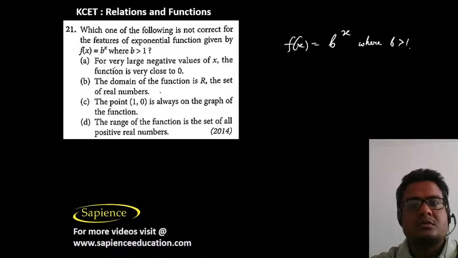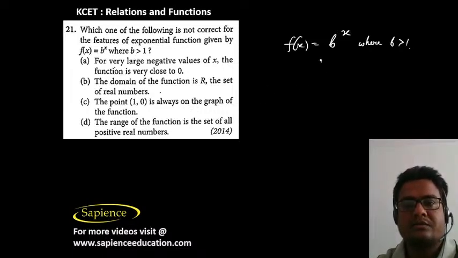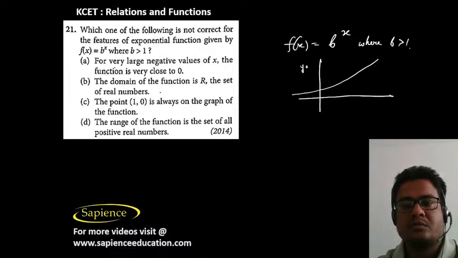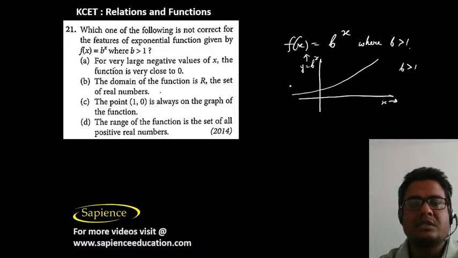Then the graph of the function is like this, b power x. Since b is greater than 1, for large negative values of x, it tends to 0.